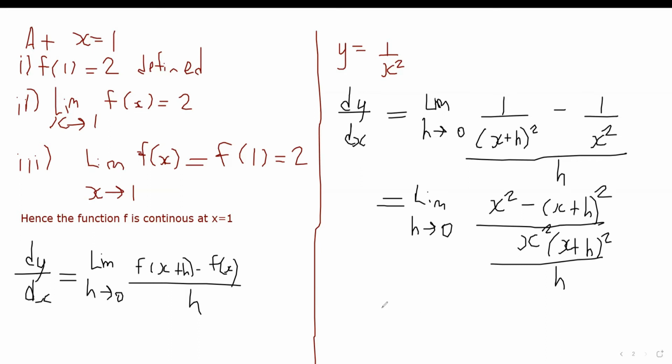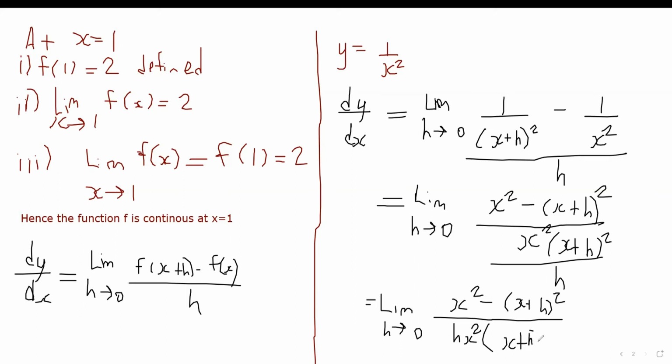So this is the limit as h approaches 0 of x squared minus (x plus h) all squared, divided by this part, put the h up here: x squared times h times (x plus h) all squared. That's what we can put up there. What does that do for us?